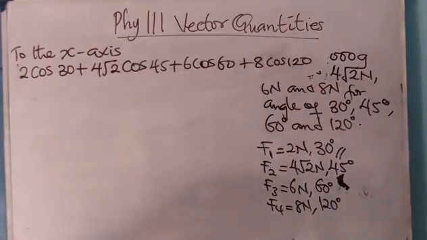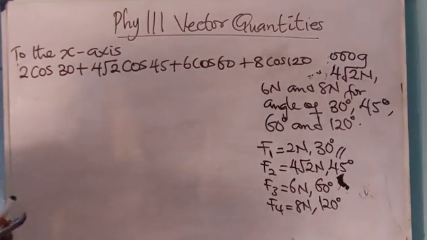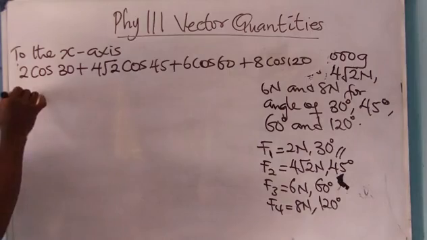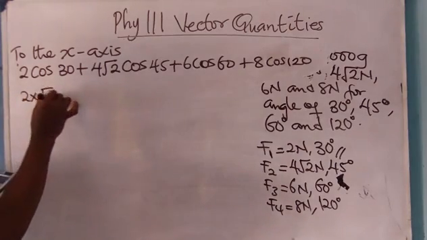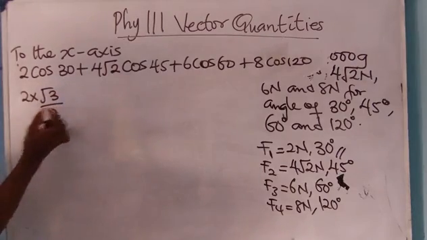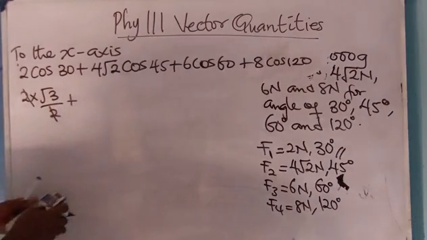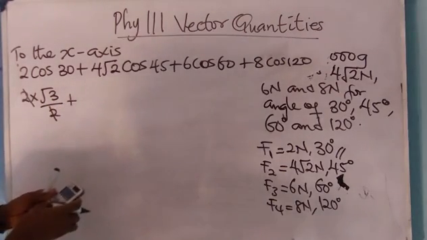So let's now check what is cos 30. Cos 30 is root 3 over 2, and this is 2, so 2 going into 2, I have root 3.